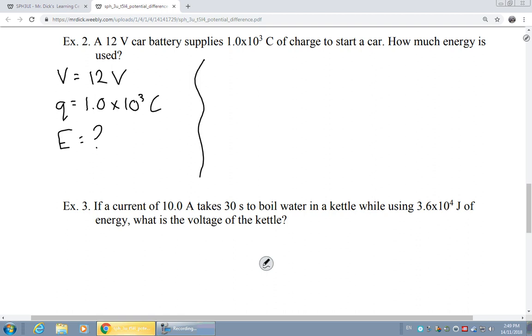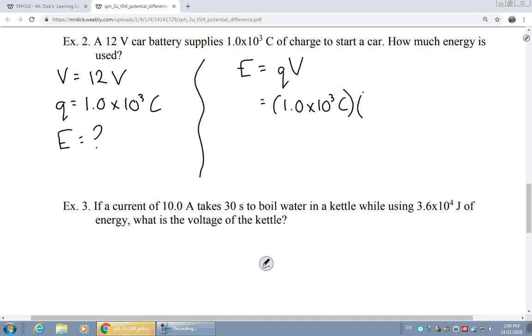Well, as we just saw, we can find energy, which in other words we could think of as work. It's just some change in energy, in this case a change in electrical energy. That energy value is going to be found by doing our charge multiplied by our voltage. So we take 1.0 times 10 to the 3, or 1,000 coulombs.